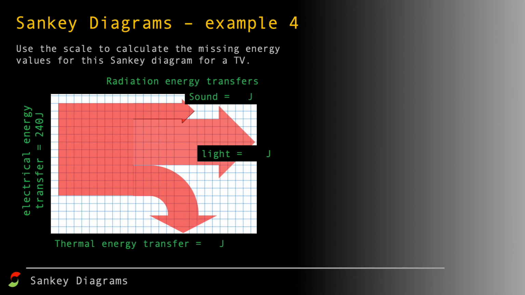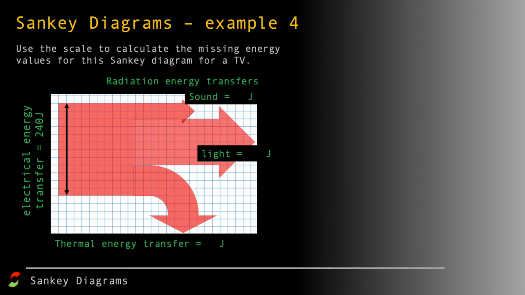So the first thing is we're given the electrical energy transfer for the TV is 240 joules, and we're told that there are two different types of useful energy transfer. There's radiation energy transfer in the form of sound and also in the form of light. And down at the bottom it's told us that there's a thermal energy transfer wasted to the surroundings, but we don't know how much. So we're going to have to use a scale.